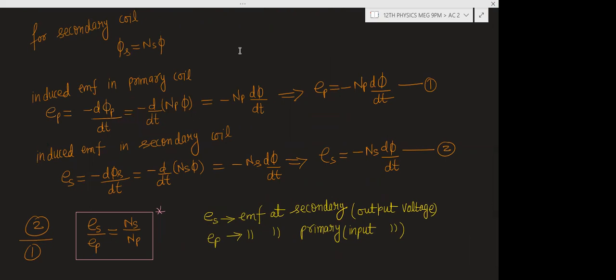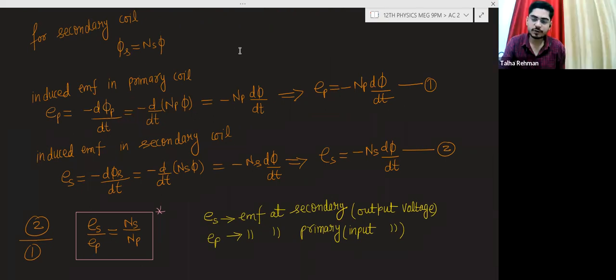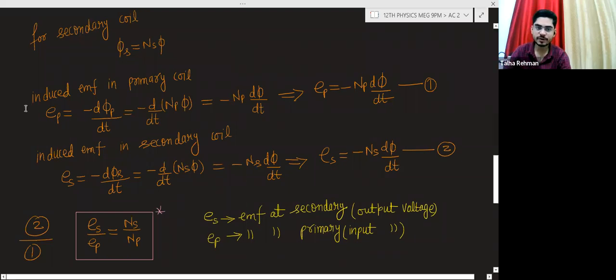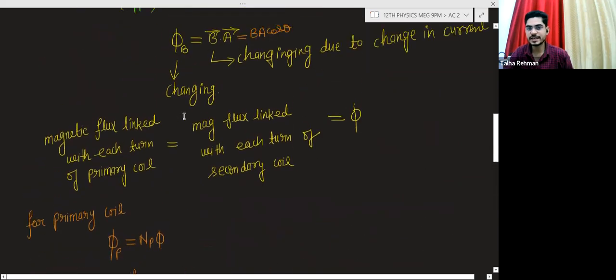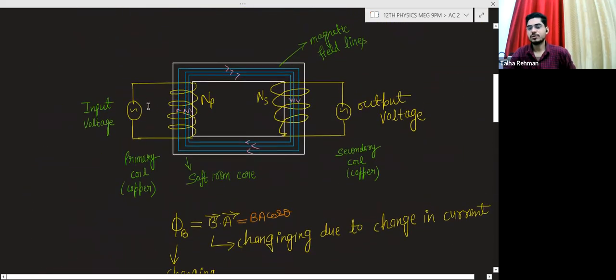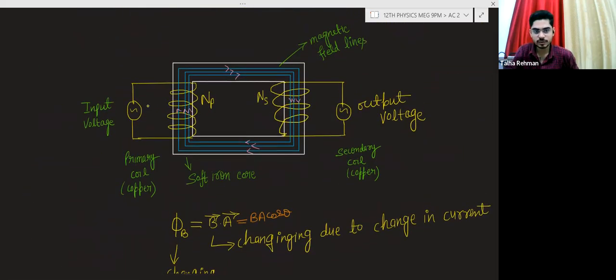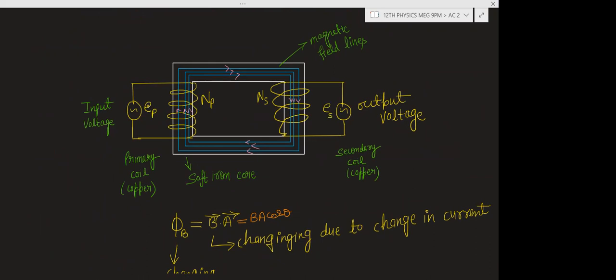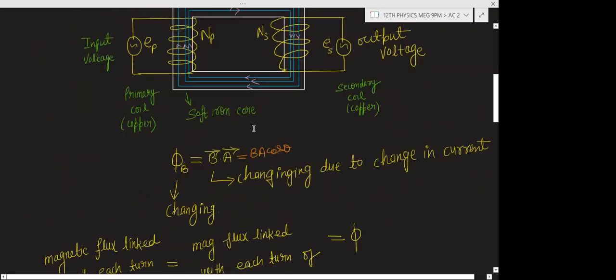We are moving with some flow. No problem. You should remember EP is the primary voltage. EP is the voltage at the primary. I can write here also. This is EP. This is ES. Now focus.